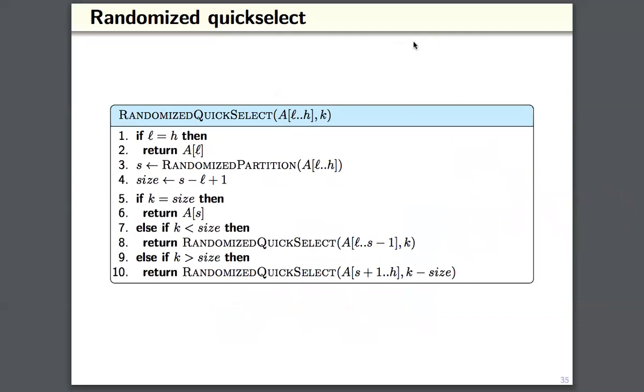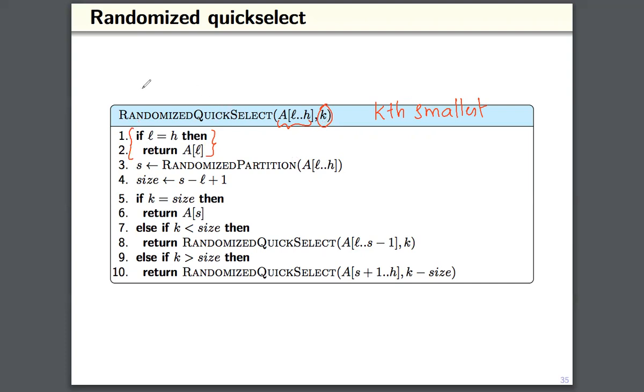Now let's see randomized quick select. You are given an array, with a subrange L to H, and you want to find the kth smallest element in this subarray. So what is the idea here? If L is equal to H, then return A of L. Assume that K is given.